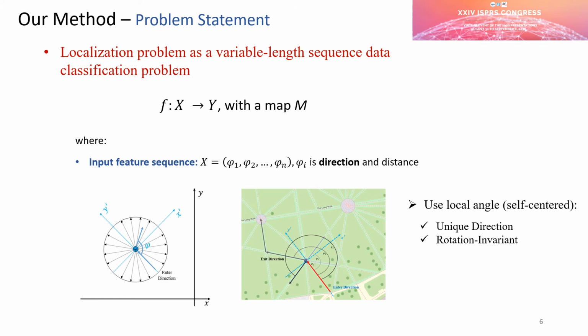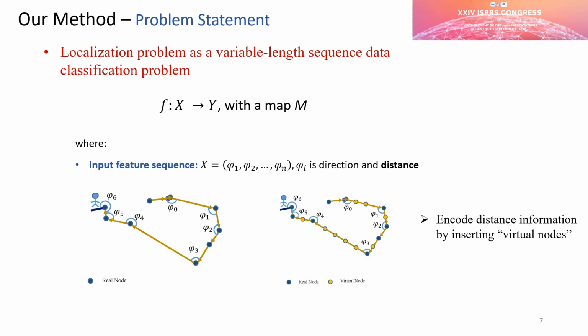Here, the capital X denotes the input motion feature sequence, which is made up of orientation and distance. For orientation information, we use local angle, which is always self-centered, and quantize the angle into a discrete representation. Such a representation can guarantee a unique direction and be rotation invariant. But how can we encode distance information?